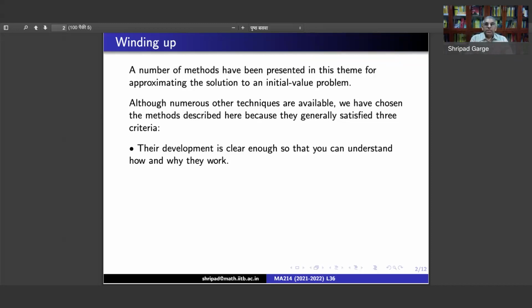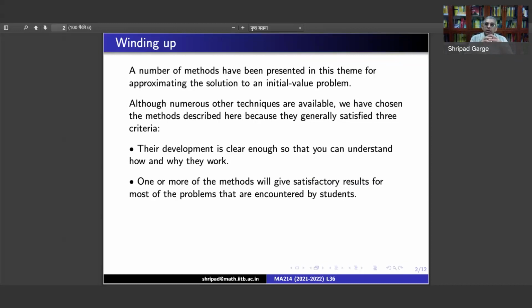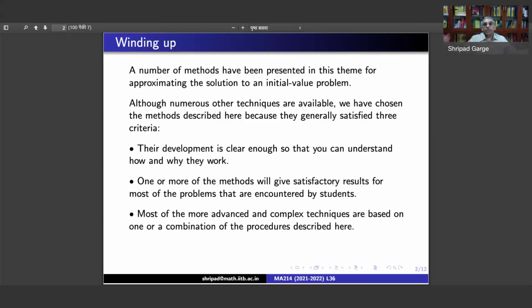Second was that one or more of these methods will give satisfactory results for most of the problems which are encountered by students. So number one, these methods are easier to understand. Number two, these methods work. That's the second reason. Third reason is that if there are some other advanced methods and complex techniques, then they are based on one or a combination of these methods.